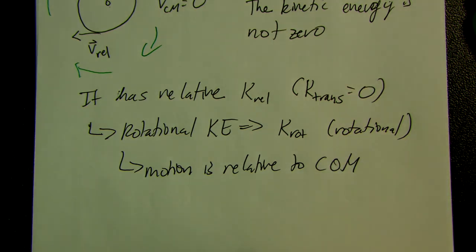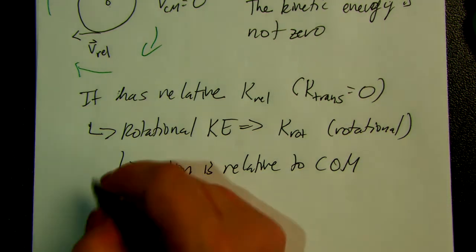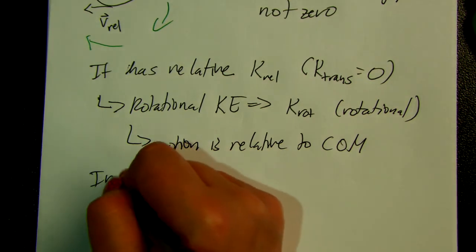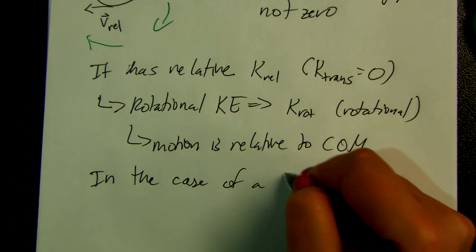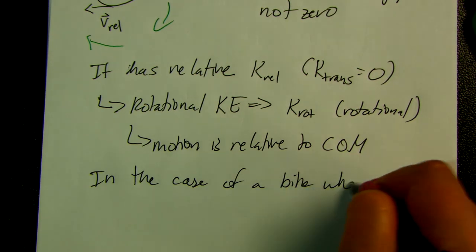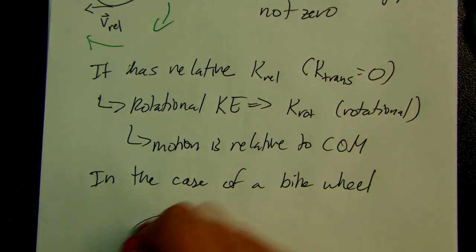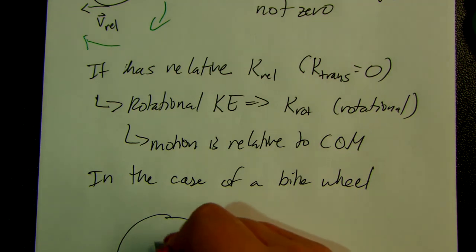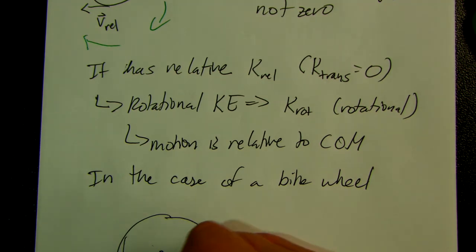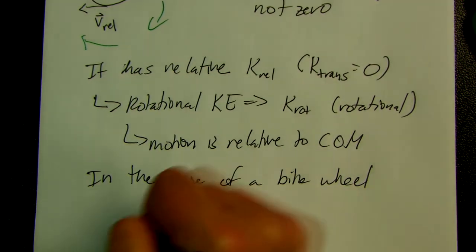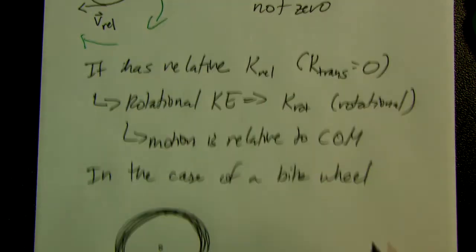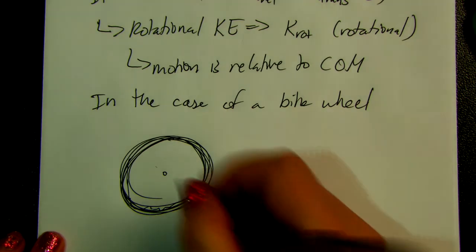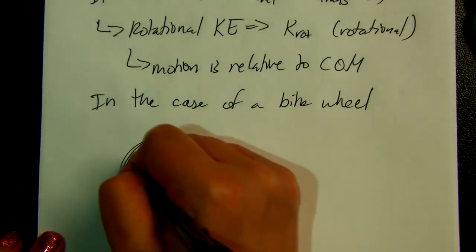All right, so in the case of a bike wheel, my favorite kind of wheel, there's the tire, and then you've got some spokes.